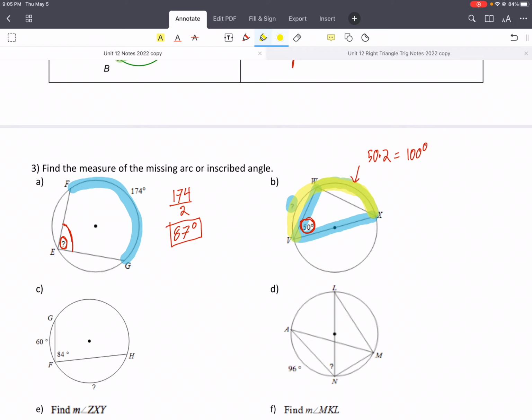So what we can do is take 180 and subtract 100 from it, which gives us 80 degrees. So our missing arc is, excuse me, 80 degrees.